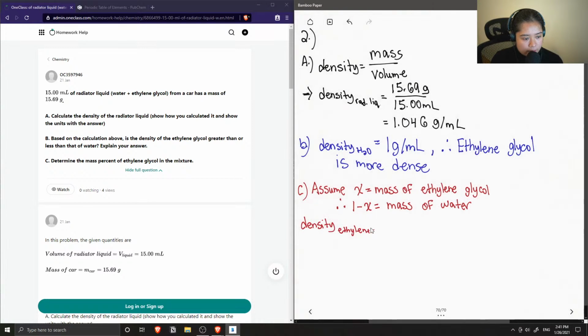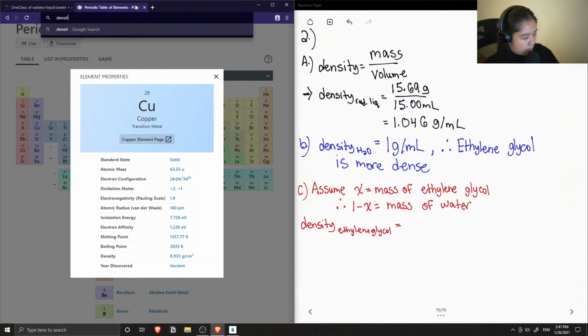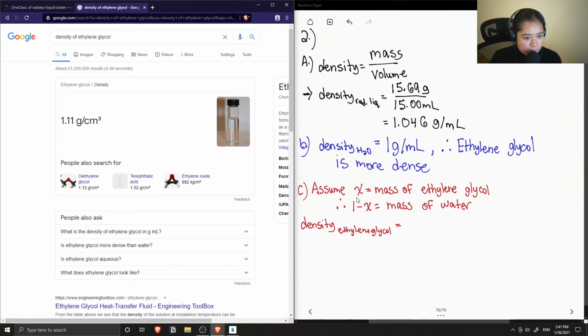So let's look that up. And you get around 1.11 grams over centimeter cubed, which is the same thing as grams per milliliter.